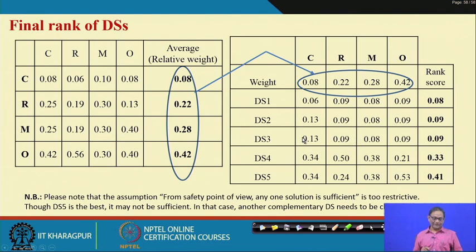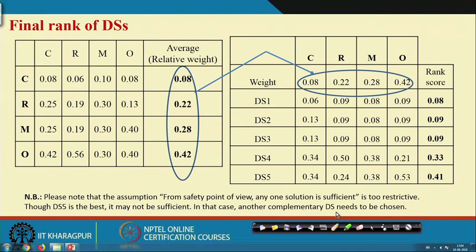After that what will happen? There are two issues now. One is you have the priority vector for the criteria, computed in the same manner, and you have the priority vectors for the design solutions with reference to C, R, M and O. What is this?